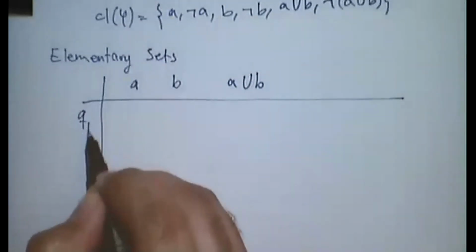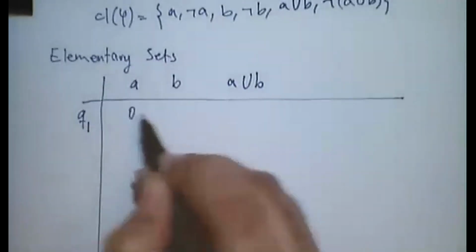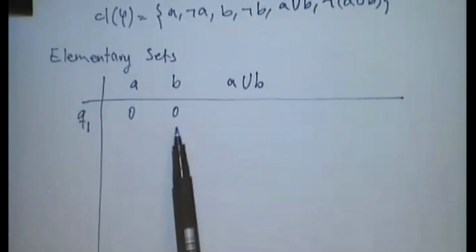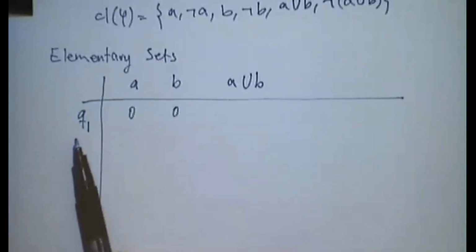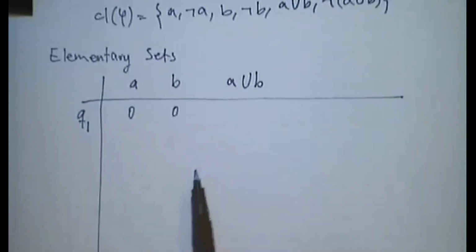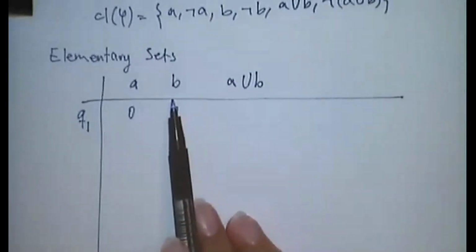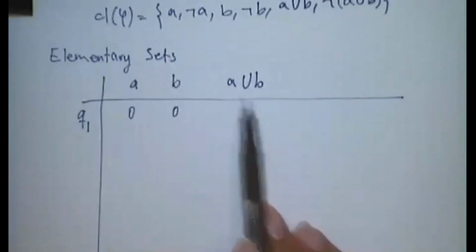Let's start with our elementary set 1, Q1. And let's say that it doesn't have A in there and it doesn't have B. So I don't have A and I don't have B. What does this mean? This means that if I start my automaton at Q1, it only accepts strings in which A and B are both false, at least at the first letter. But can these strings satisfy A until B?